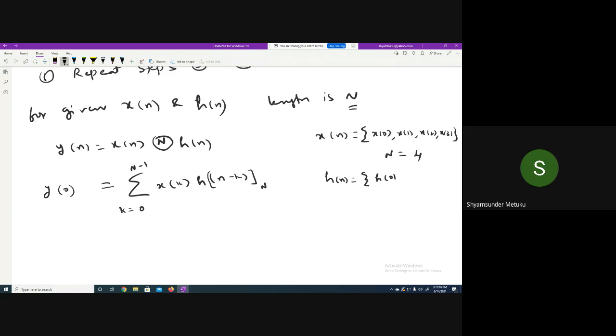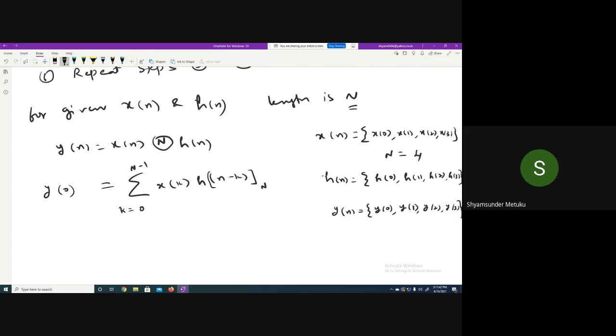That is the condition: both signals must be of the same length. h of 0, h of 1, h of 2, h of 3. Then I need to calculate y of n for how many samples? 4 samples. So there is no difference between the length of the inputs and the output. Correct or not?